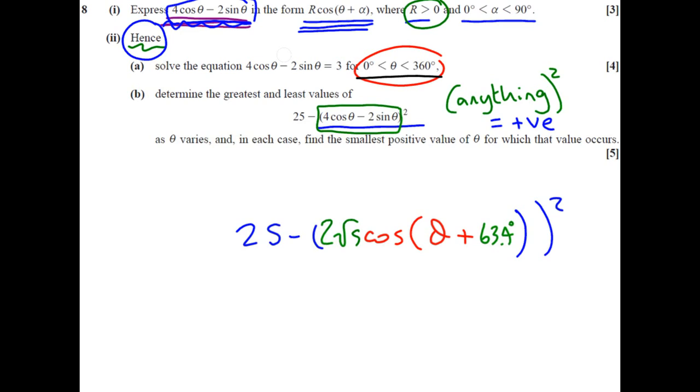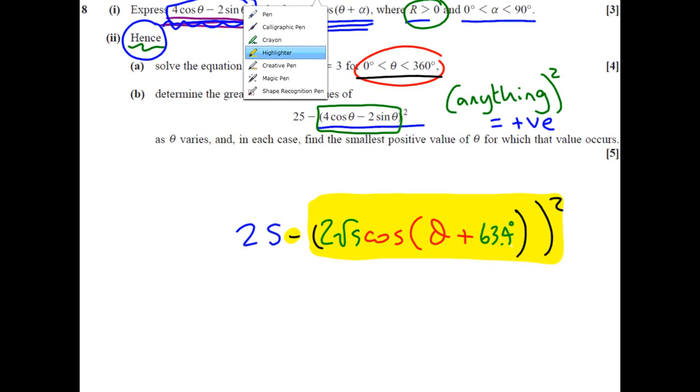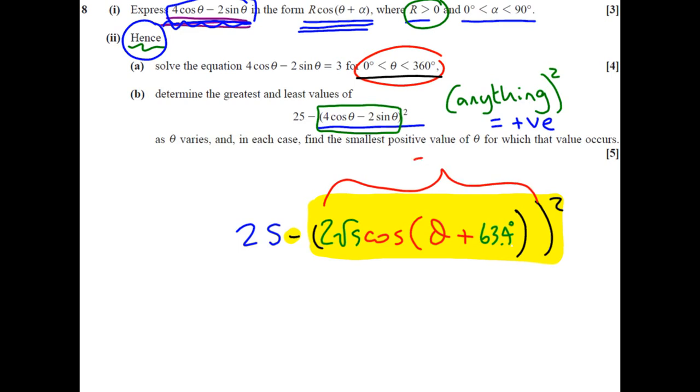So we know that what we get as a result from this thing here is always going to be a positive number. When you realise that, and when you notice that you're taking away this positive number, if you want the maximum value you can, all you're going to do is make this be 0 for the max.